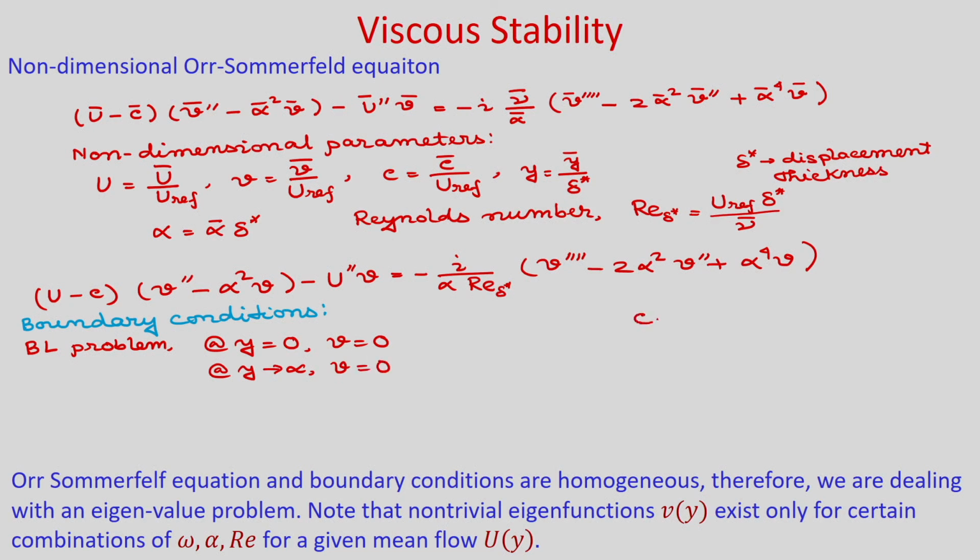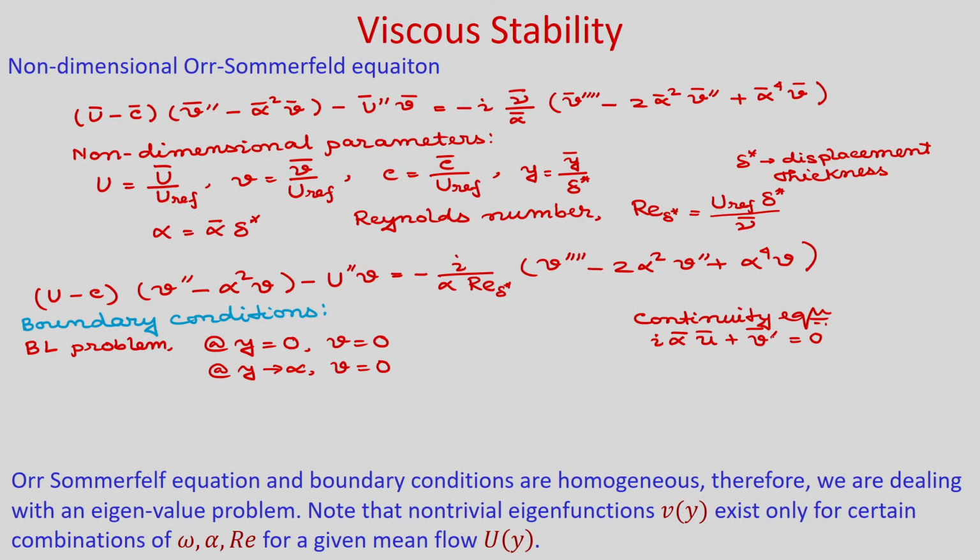Now, use the continuity equation. Okay. If you remember, we have derived i alpha bar u bar plus v prime bar is equal to 0. Okay. So, if we use this continuity equation, from here you can see that these velocity disturbances u also will be 0 at the wall.